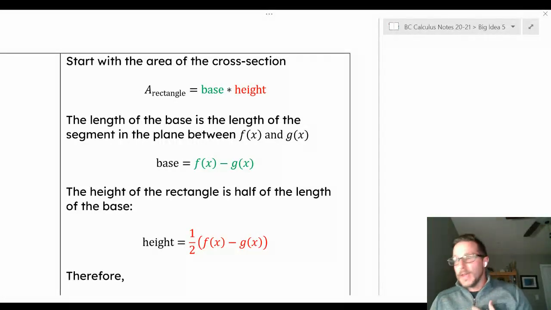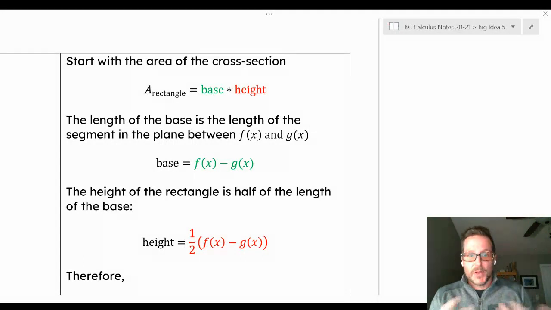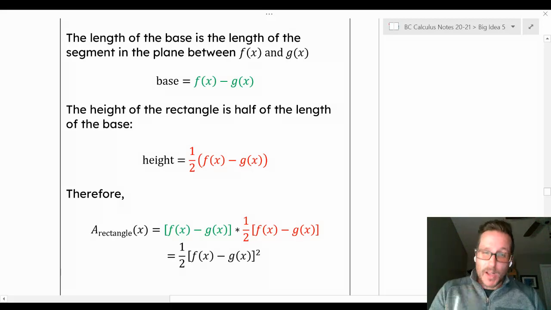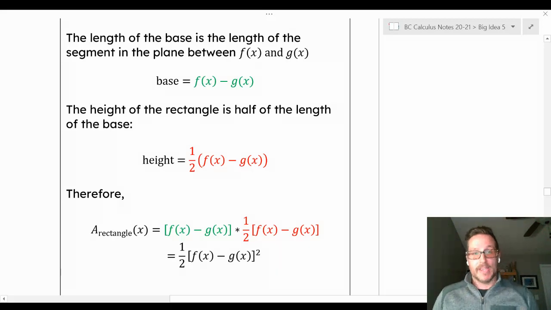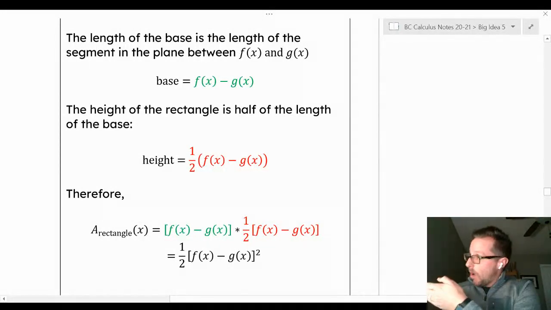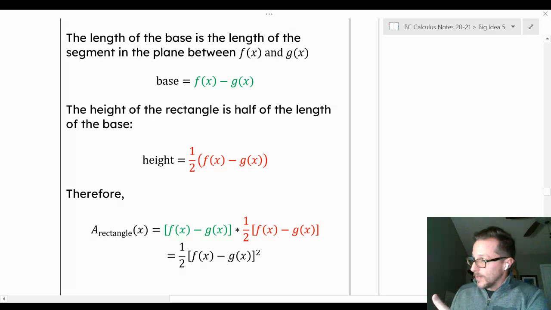Well, the height then is half of that length, so half of the quantity f of x minus g of x. Therefore, the area of the rectangle can be written as base times height, and we can simplify that to 1/2 times the quantity f of x minus g of x squared. So that would give me a formula to find the volume of one of the slices.